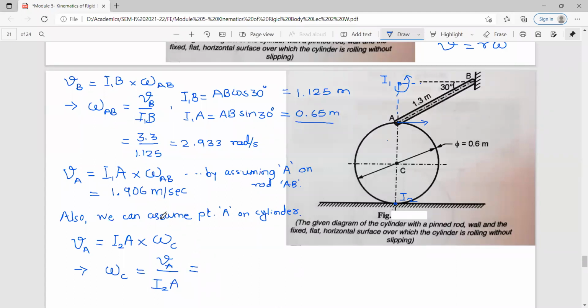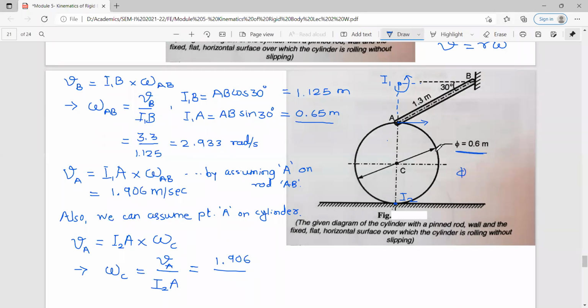In the numerical we have been asked to find out the angular velocity of the cylinder, which will be found by using this formula: velocity of point A upon I2A. The velocity of point A, you just found, is 1.906, and the distance of the point from I2, I2A, is the diameter. I can see it is a diameter, specified here. The meaning of this phi is nothing but diameter.